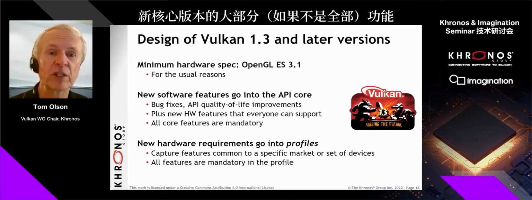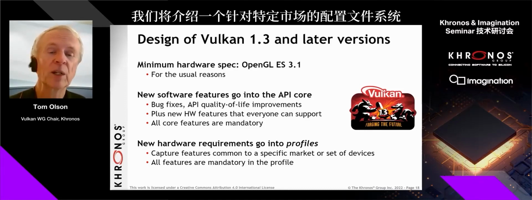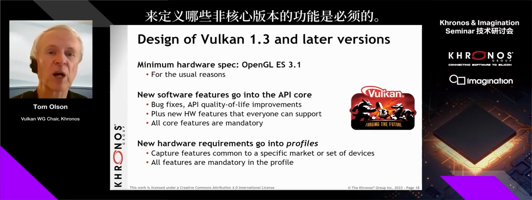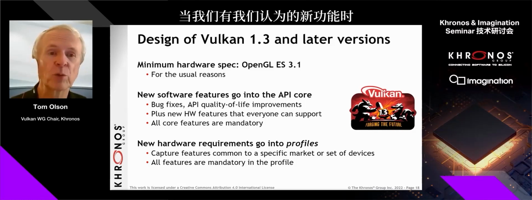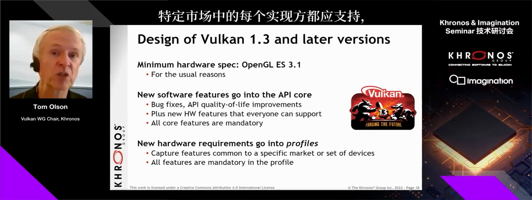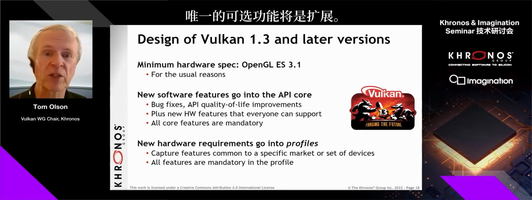Most, if not all, features of new core versions will be mandatory. We'll introduce a system of market-specific profiles to capture requirements that go beyond what the core version provides. When we have new features that we think every implementation in a specific market should support, we will make them mandatory in a profile for that market. The only optional features will be extensions.